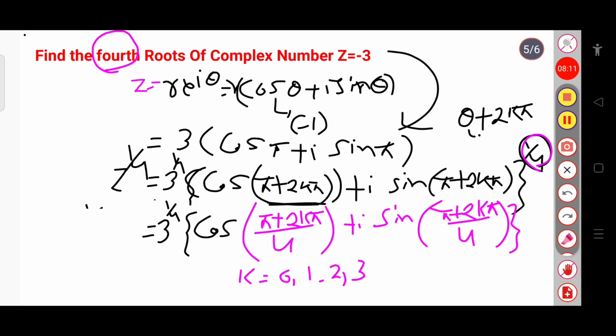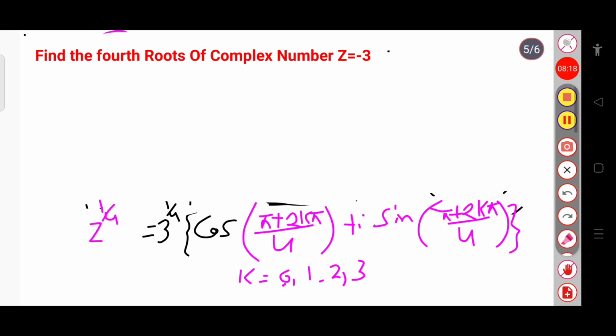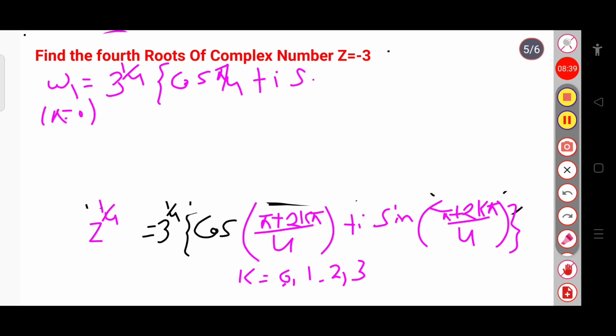When k equals 0, you can calculate z power 1 by 4. So for the first root, suppose w1, when k equals 0, this will be 3 power 1 by 4 into cos pi by 4 plus i sin pi by 4, because in the place of 2k pi, k is equal to 0.